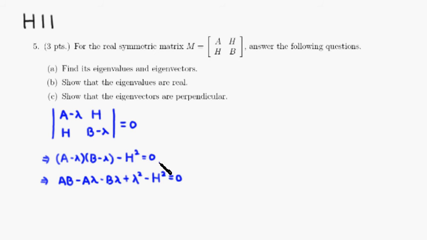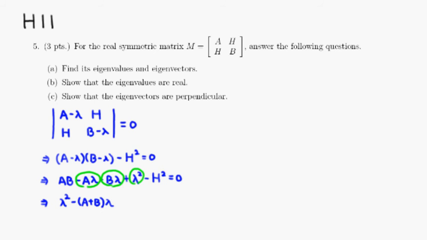Collecting the like terms, you have lambda squared, and then we have negative A lambda and a negative B lambda. So we put together, it's minus A plus B, times lambda.